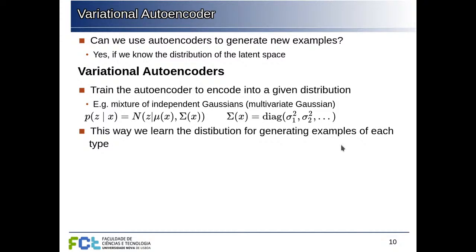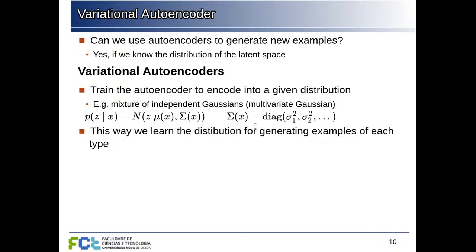The idea of the variational autoencoder is to actually train the encoder part to encode not specific values, but distributions, something that we are specifying the encoder to create.